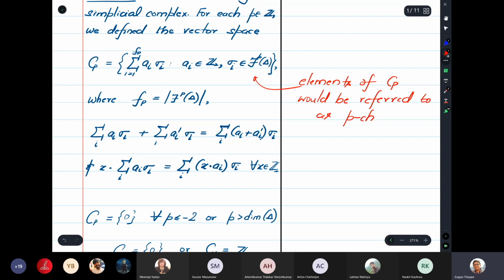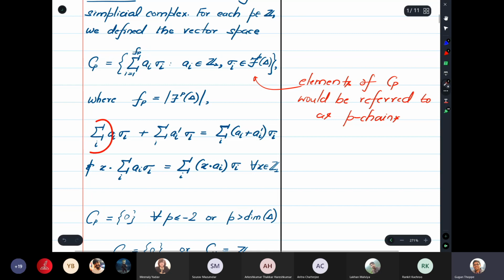So let's say we have been given some p chain which we denote as summation over i of ai sigma i. Observe that here I start being a bit lazy: I said i equals 1 to fp, but since this is going to be consistently used all the time, I don't want to repeatedly say it.